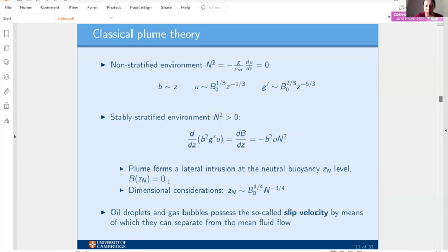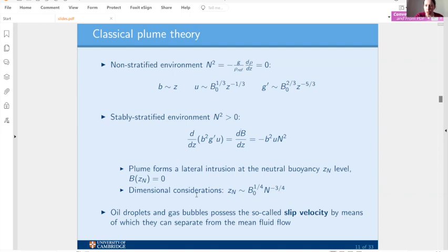And when that happens, the plume will stop rising vertically, and instead will start to form a lateral intrusion. And using some dimensional considerations, we can easily derive that the height at which that happens is going to scale as some power of the stratification frequency of the ambient and also the source buoyancy flux of the plume.